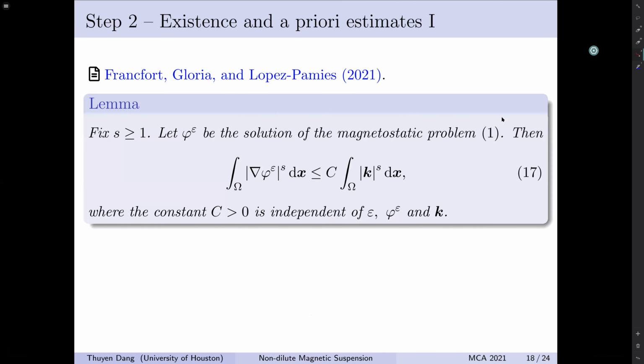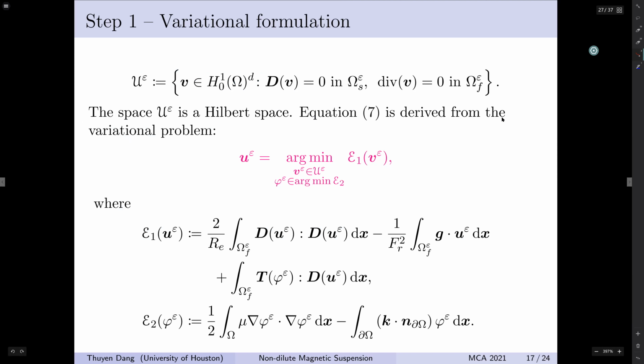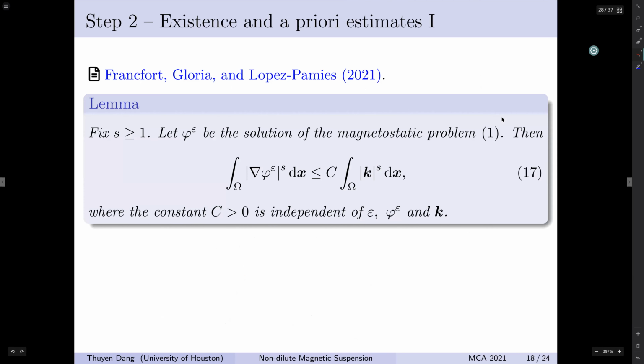In order to solve the existence of the fluid velocity here, you need some regularity for the Maxwell stress tensor. That's why we need to adopt a result from Fonseca-Gloria and Lopez-Tamayo. If we adopt their proof, then we have some improved estimates for the gradient of phi epsilon.